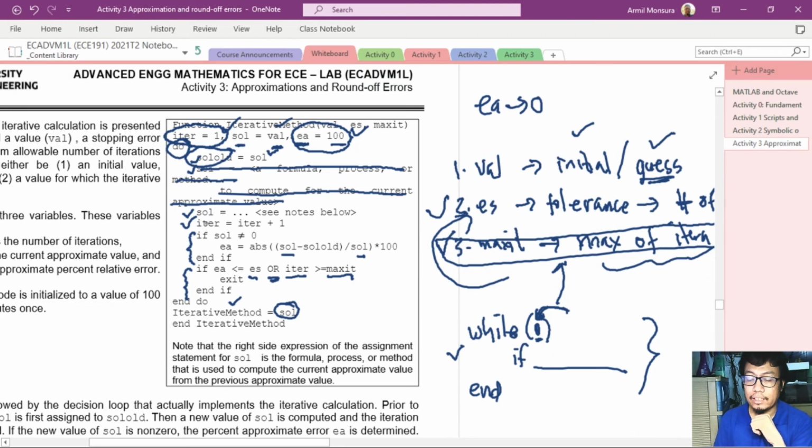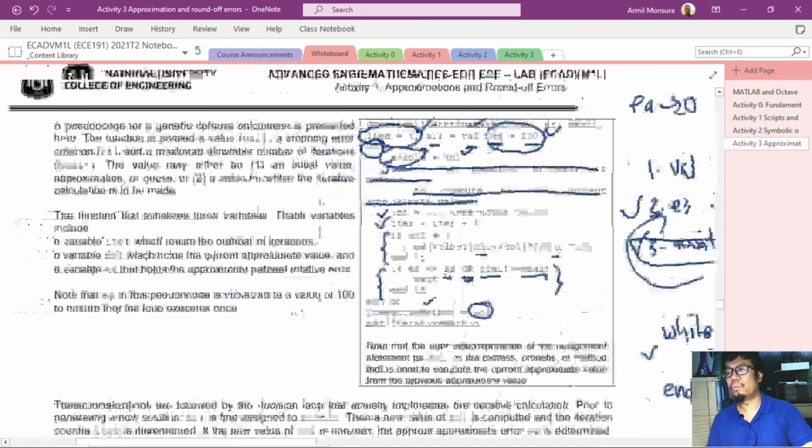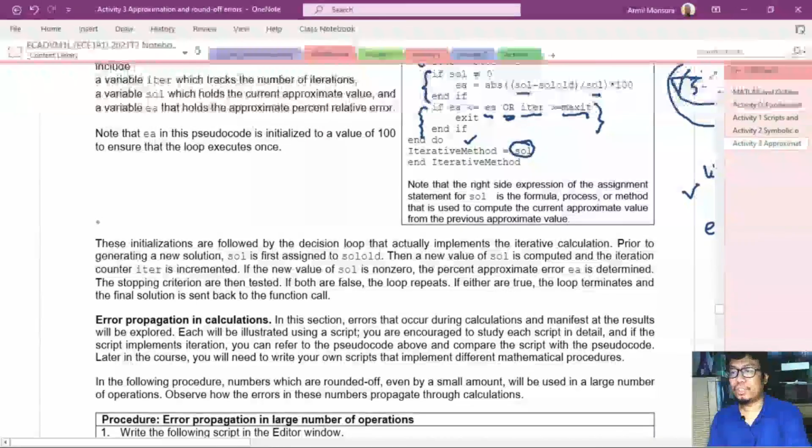Okay, update the iteration tracker, or the iteration counter, compute EA, okay, and then implement your stopping criterion, and then finally, if it needs to, pass the value of your solution to the function so that the function would return the value of the solution.